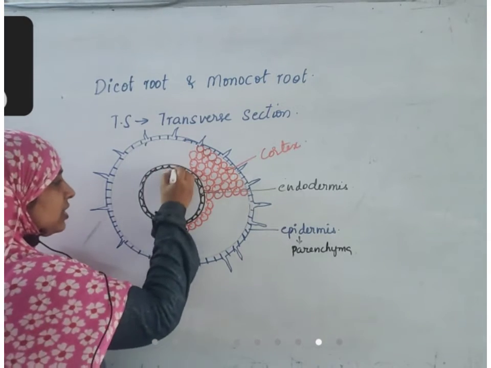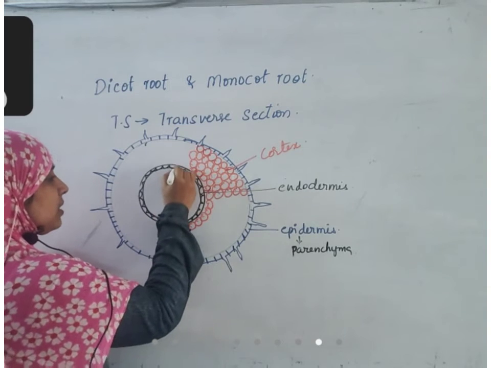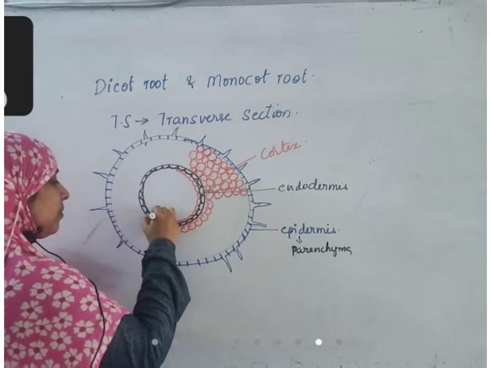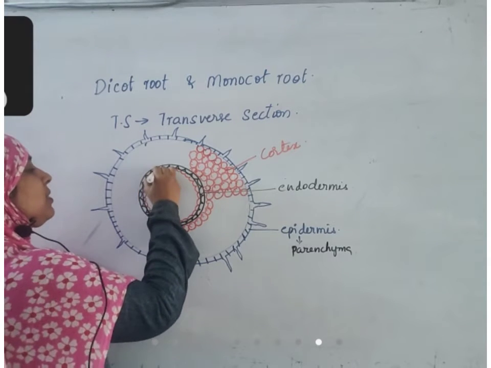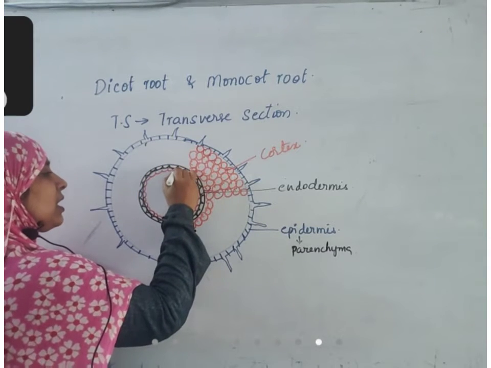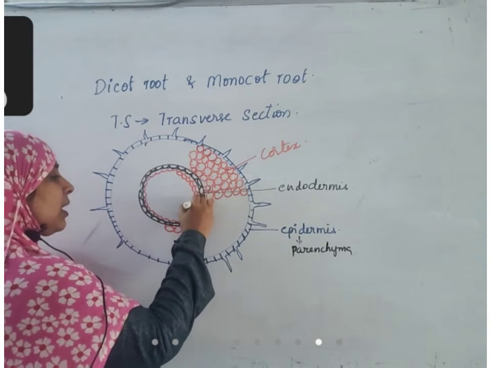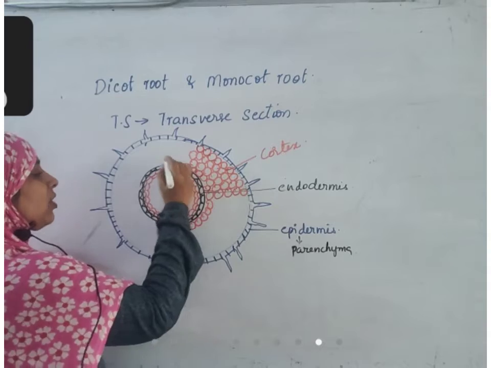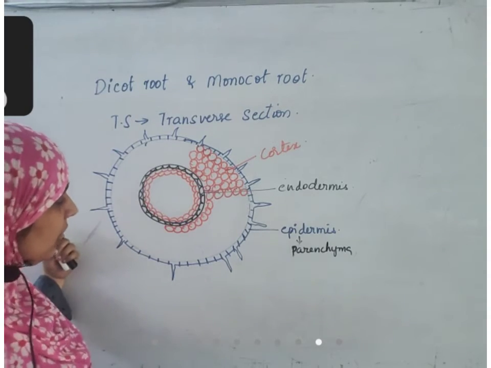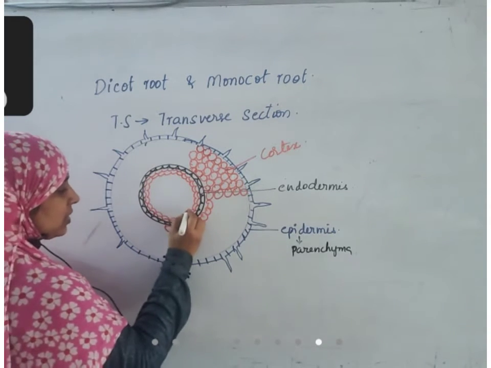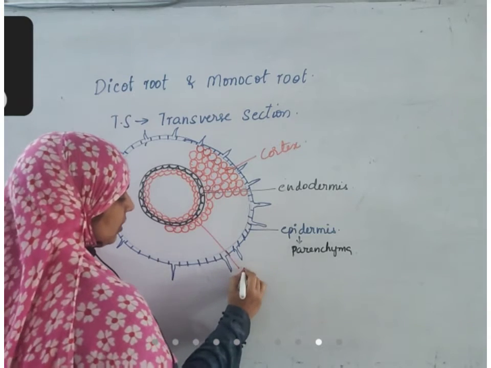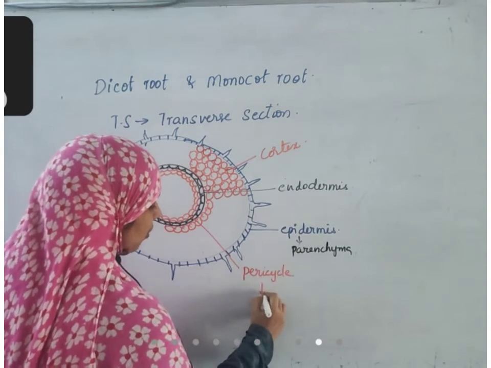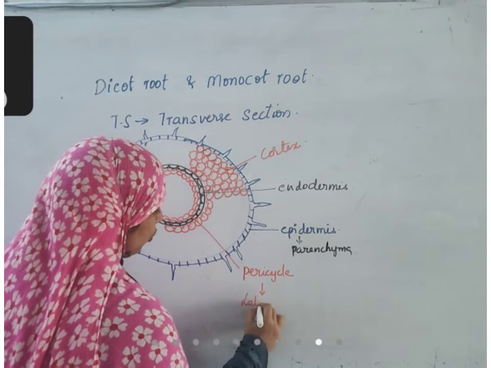After that, just below this endodermis, there are some layers of pericycle. From this pericycle, the lateral roots and lateral meristem will arise.